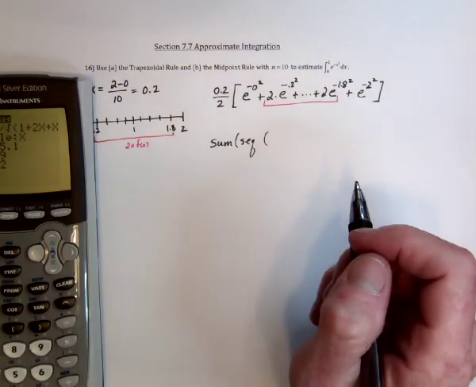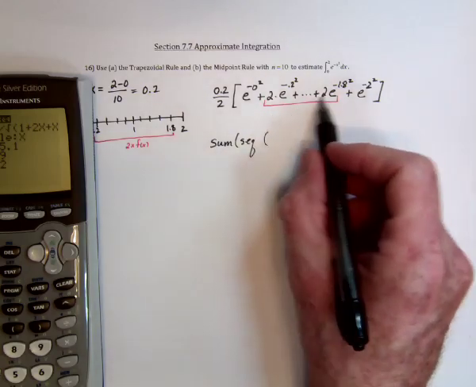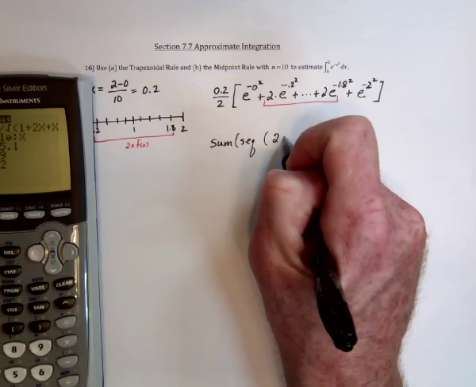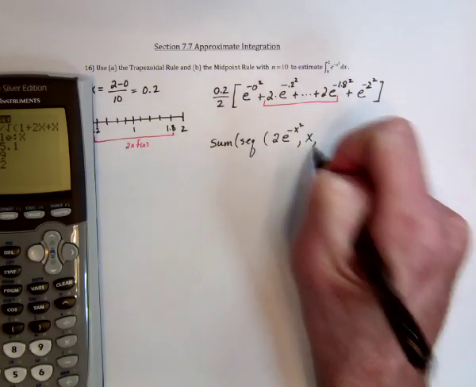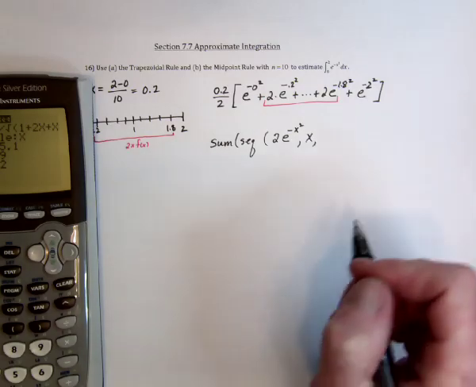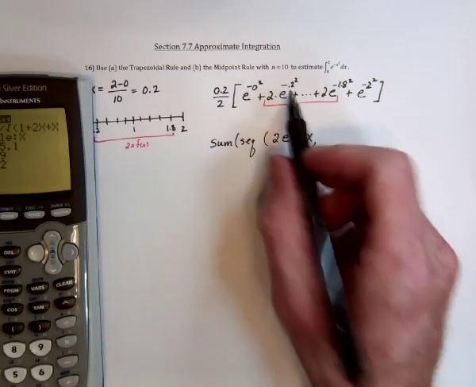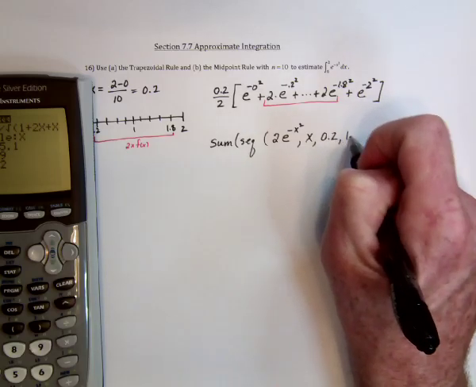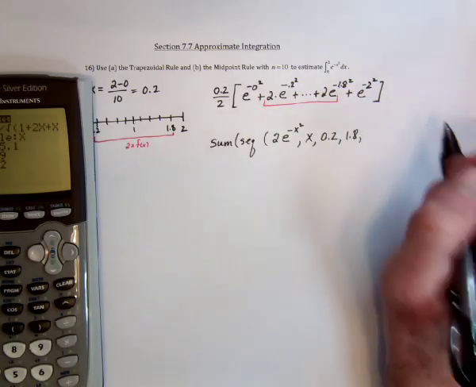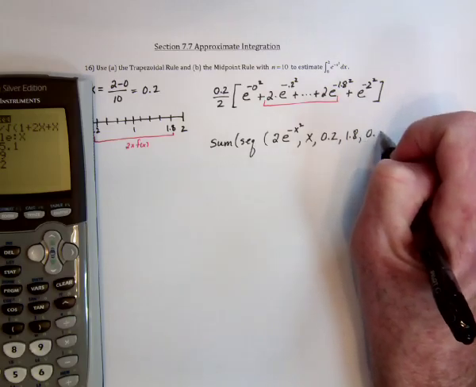Then we need to tell it to add up these terms, which all have 2 in front: 2 e to the negative x squared, and then x is the variable, and the starting point is the 0.2. The ending point is the 1.8, and the increment is delta x, which is 0.2.